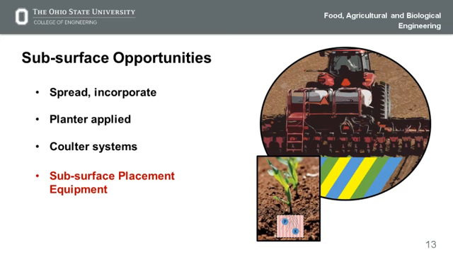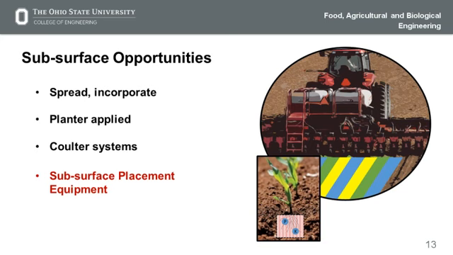All these being ways to put it just a little bit below the soil surface, but then we also have culture systems that are able to do injection type of application, and then we also have some equipment that's dedicated, where its purpose is to put fertilizer below the surface. So this last category is what we tried to highlight over the past couple years and really understand what these type of equipment options are, and then how they can be implemented into farms throughout Ohio.